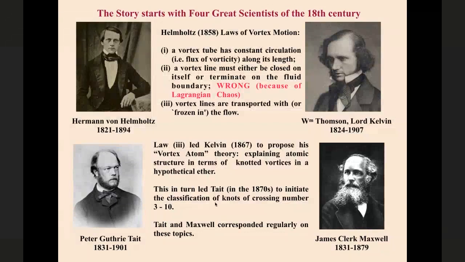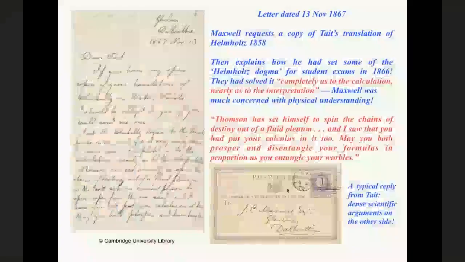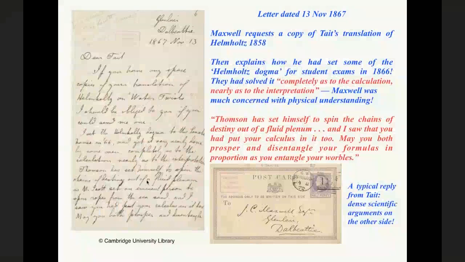This in turn led Tate, Peter Guthrie Tate, in the 1870s to initiate the classification of knots of crossing number from 3 up to 10. There was a very lively correspondence between Tate and Maxwell. They were close friends since their school days together in Edinburgh, and some of that correspondence is really very interesting.